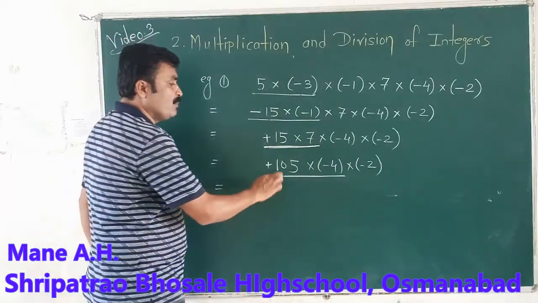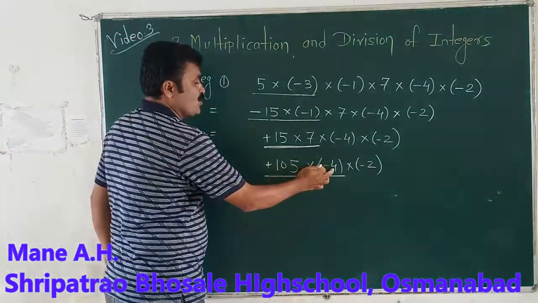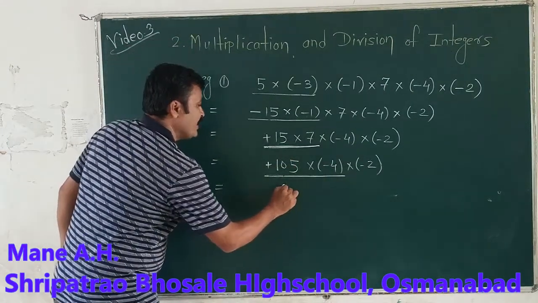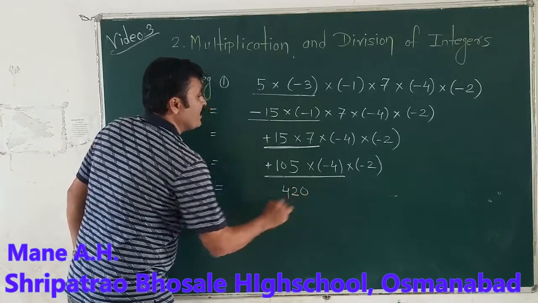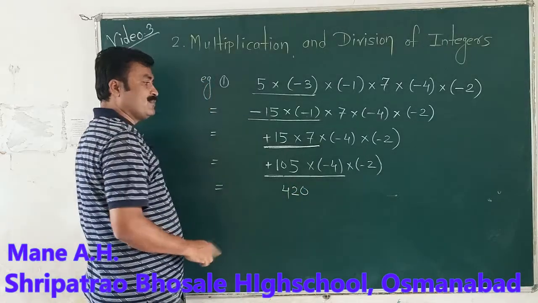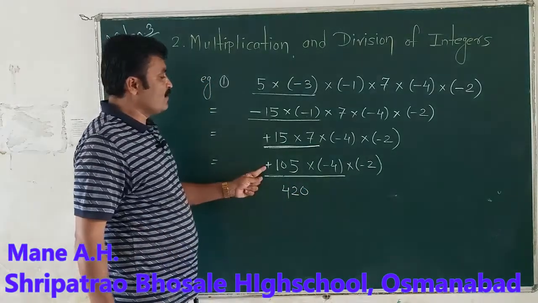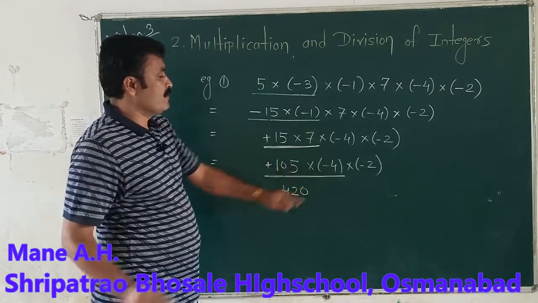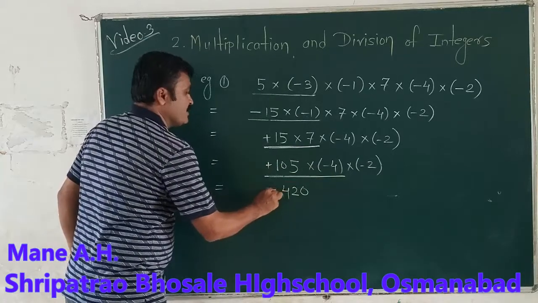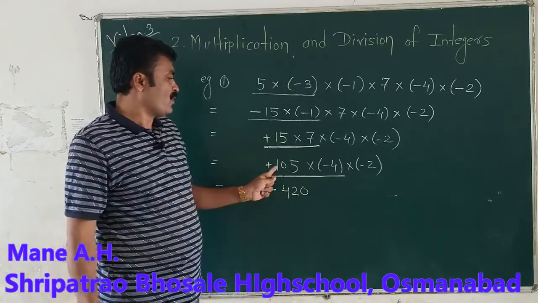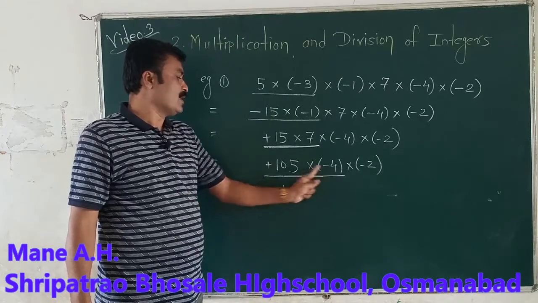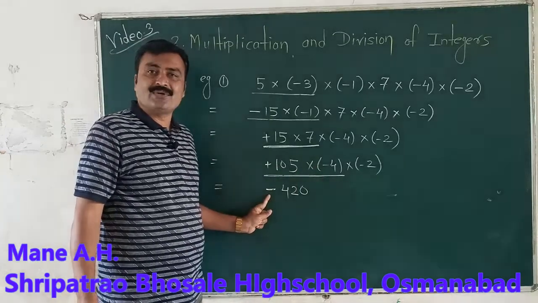First we do the multiplication of their magnitudes. 105 into 4, I think it becomes 420. Thereafter, the important signs multiplication: plus into minus gets minus here. That means the product of one positive and one negative integer is always a negative integer.